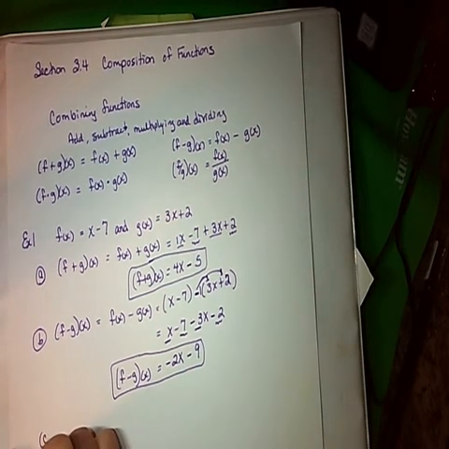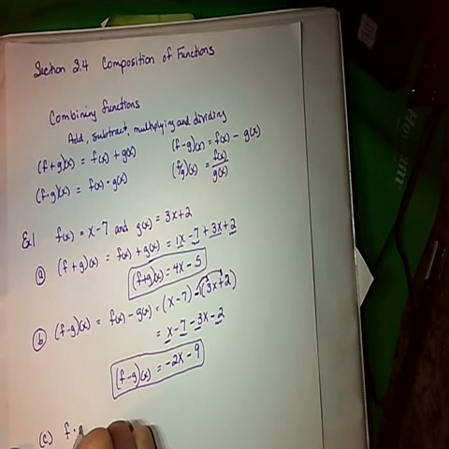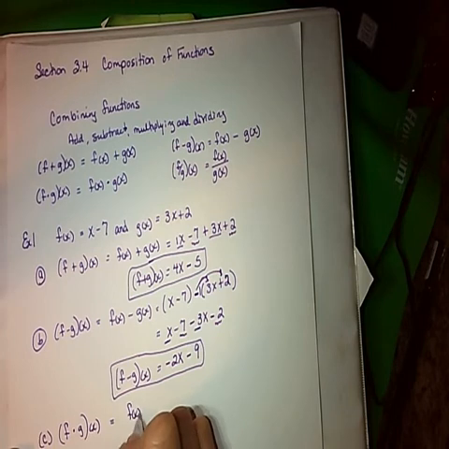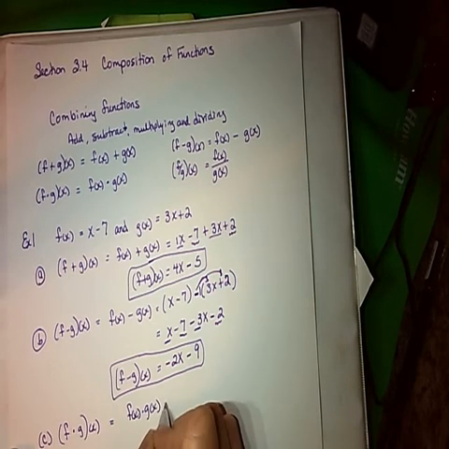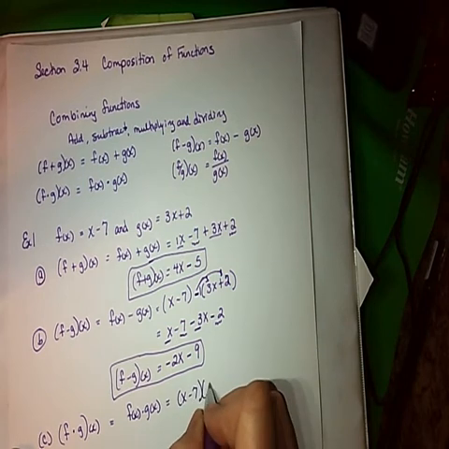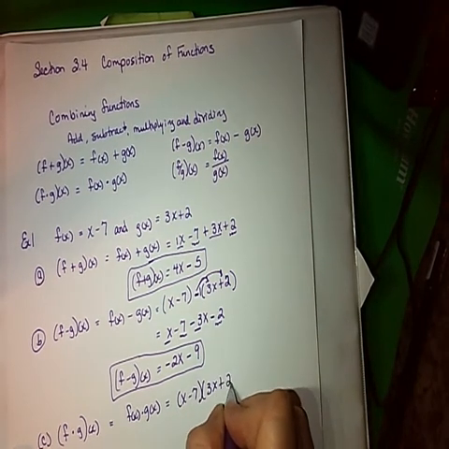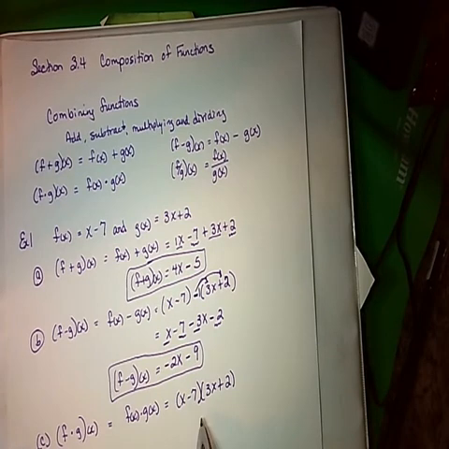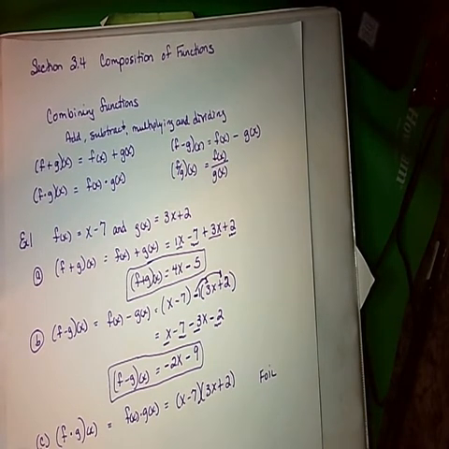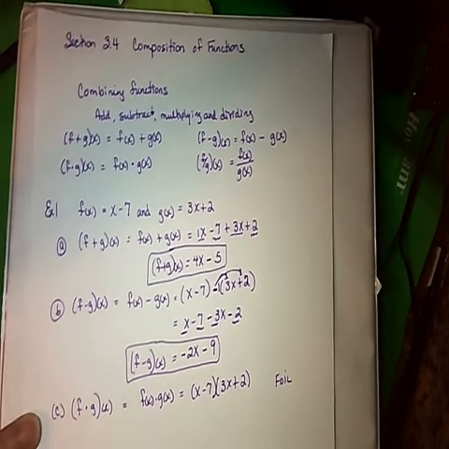Now if I wanted to multiply the f times the g of x, it's just the f of x times the g of x. So I'm going to have x minus 7 times 3x plus 2, and then I'm going to FOIL, just like I would if I was multiplying any other binomials.